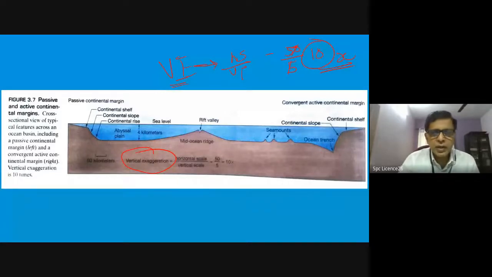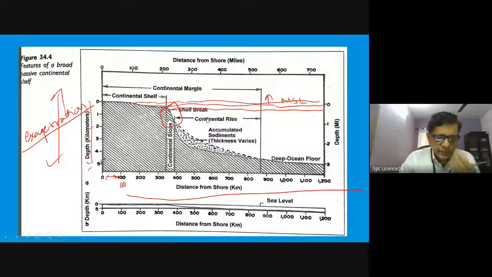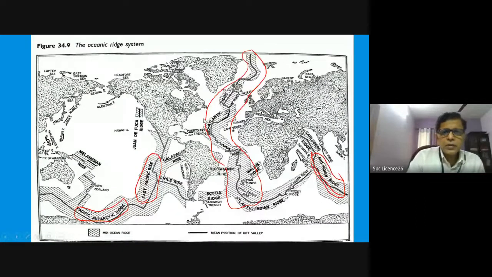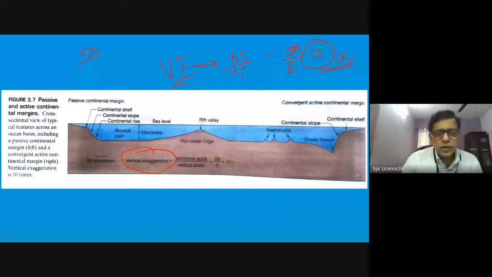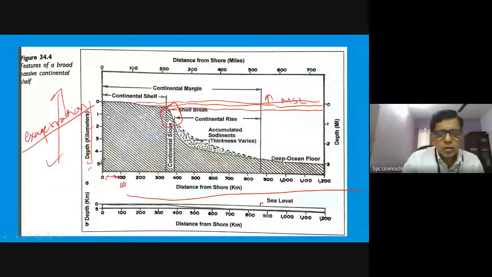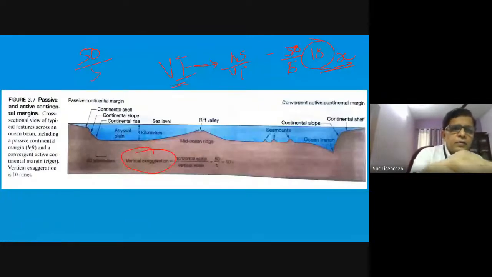Now, in the same scale, let us say the horizontal scale is 50 kilometers and the vertical scale was 5, so this is 10 times.